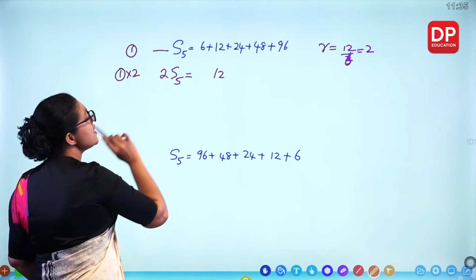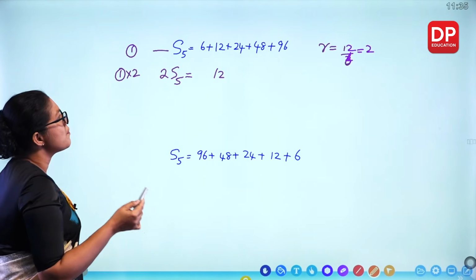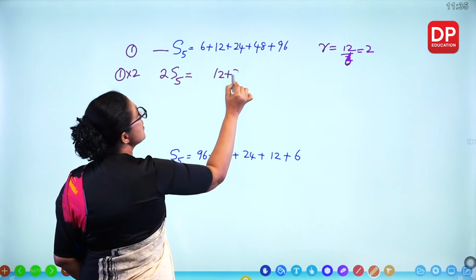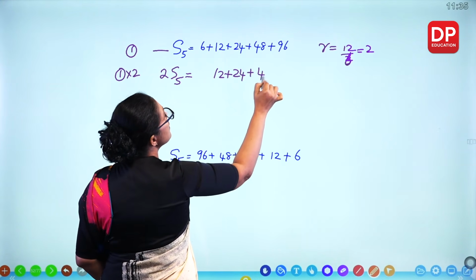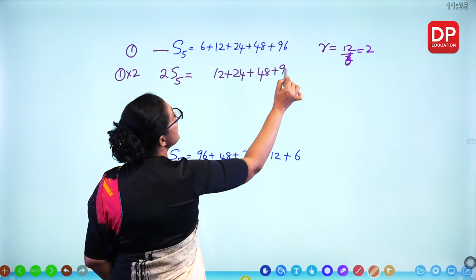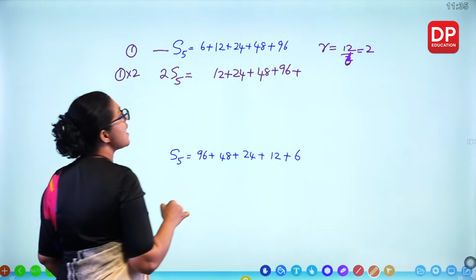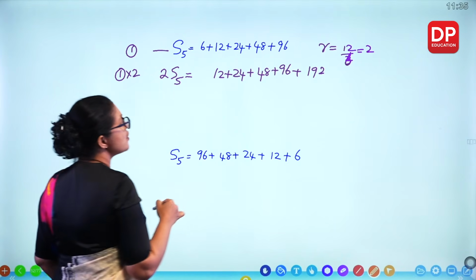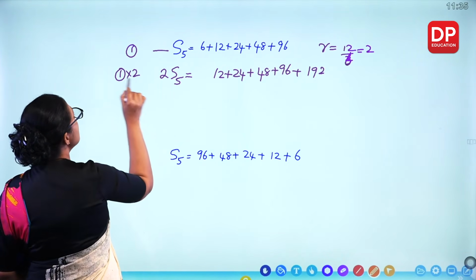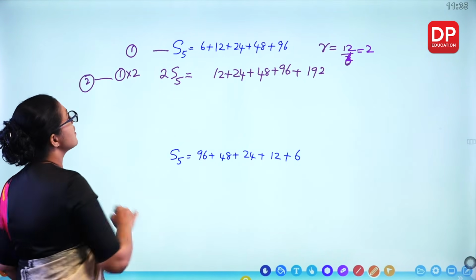I'll leave a space and write it here. 2 times 12, I get 24. 2 times 24, I get 48. 2 times 48, I get 96. 2 times 96, I get 192. So this is my second equation.